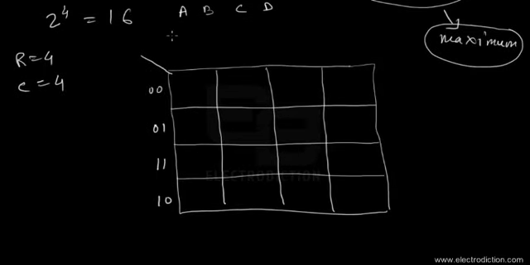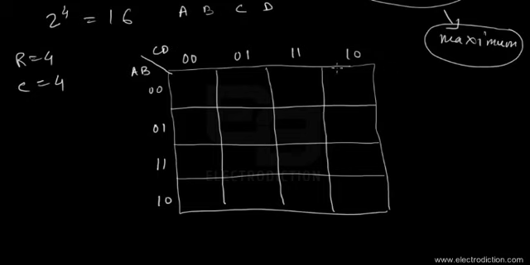Then if you go to the columns and number them up, that is quite similar to what we showed you in the 3-variable K-map. Since we have 4 variables, each of the rows needs 2 variables to designate the value of each one, and that's similar to the columns. So we need 2 variables, that's AB for the rows, and of course CD to designate the values of the columns.